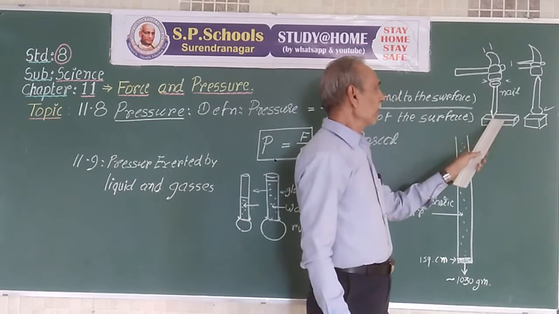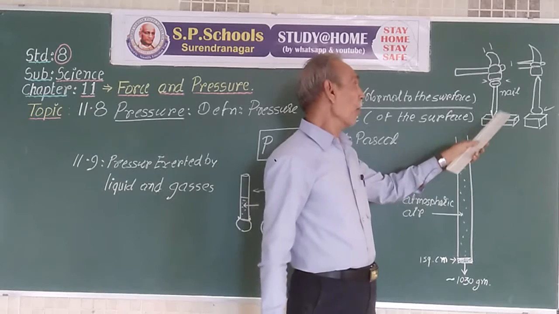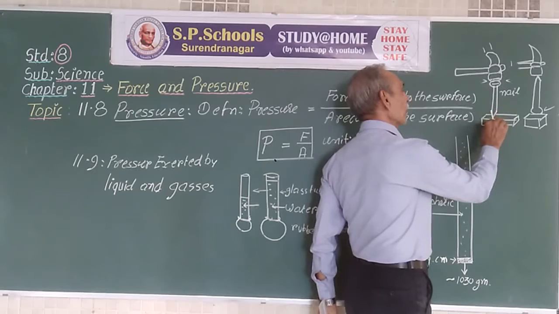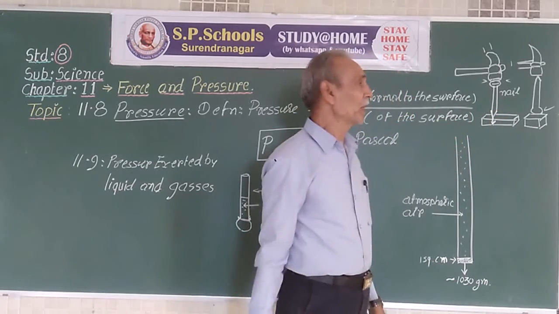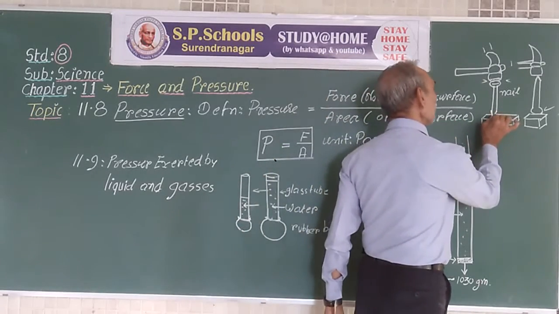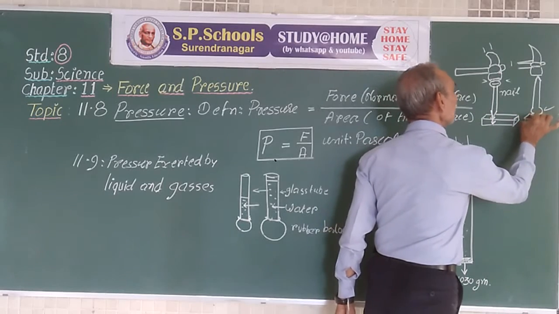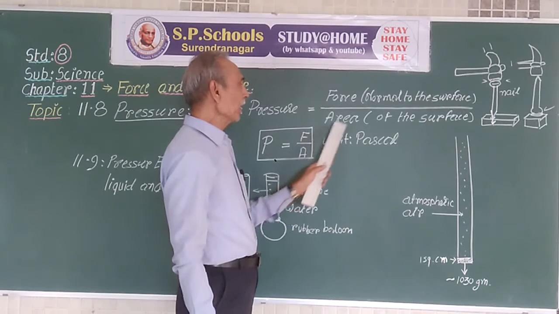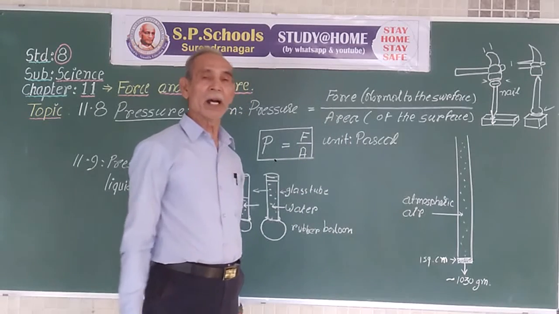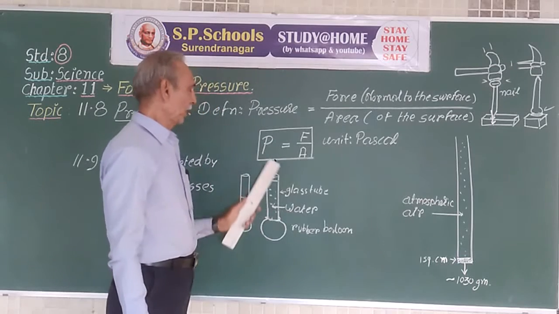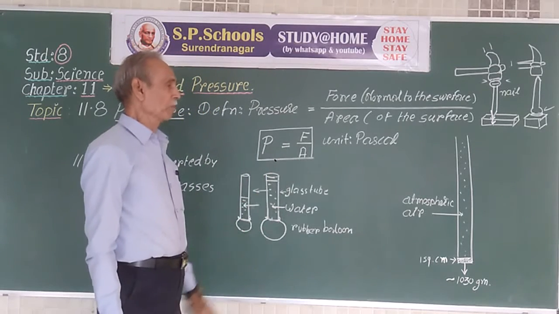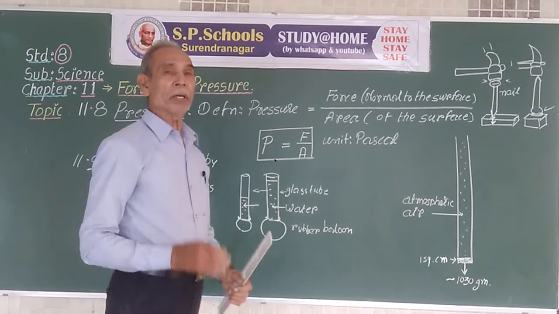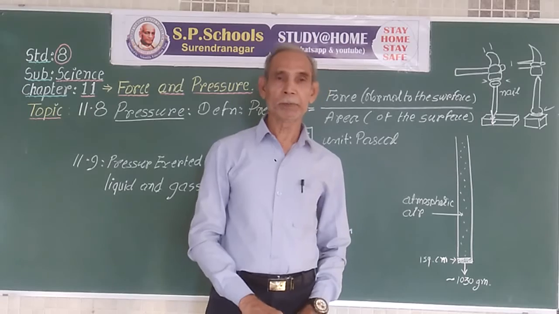But if the pointed edge of the nail is kept on the wood and hammered, it goes inside the wood easily. This is because the area here is very small, the area here is very large. The force acting on an area makes different effects. Force per unit area is called pressure. Pressure is the effect of force.